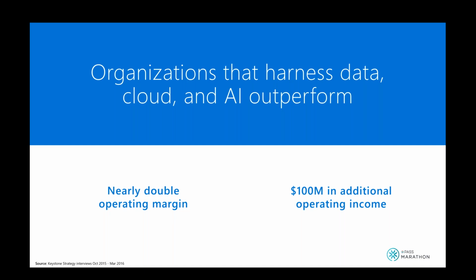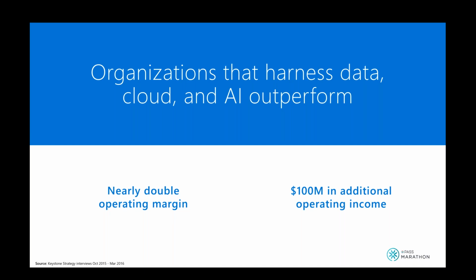It's good to look back and ask, what are we gaining out of this? The study showed there's a lot to gain, and we'll talk about more customer stories and the gains they've had by advancing their data, cloud, and AI initiatives.